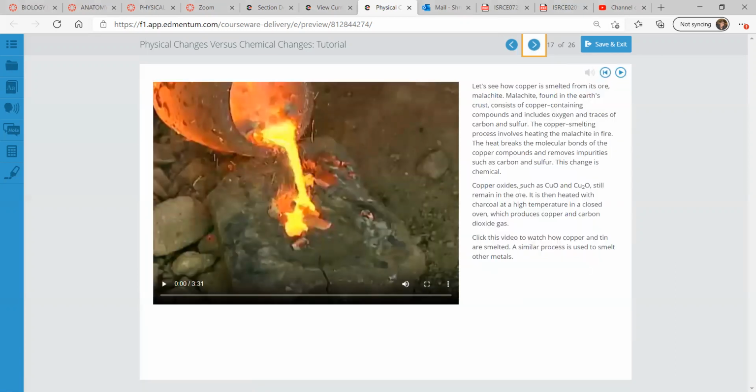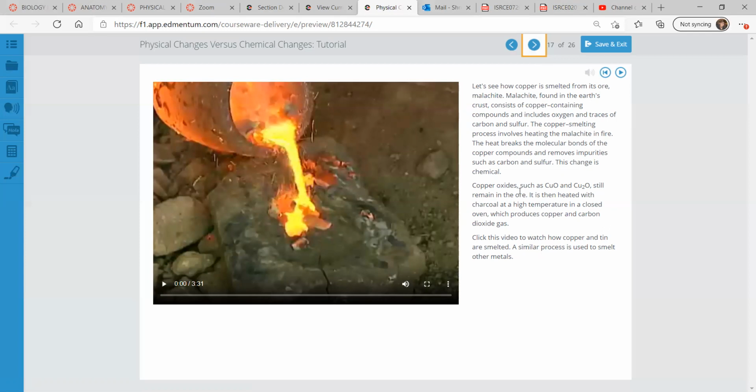So let's see how copper is smelted from its ore, malachite. Malachite, found in the Earth's crust, consists of copper-containing compounds and includes oxygen and traces of carbon and sulfur. The copper smelting process involves heating the malachite in fire. That heat breaks the molecular bonds of the copper compounds and removes impurities like that carbon and sulfur.